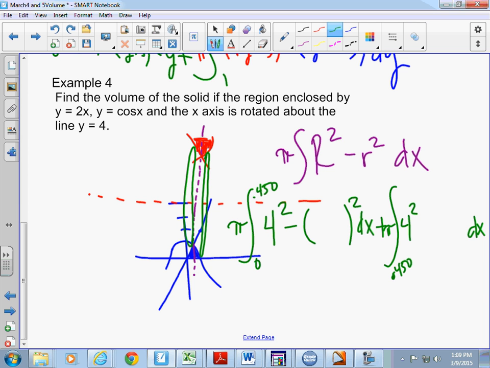The 4 is the radius, like if you look at this outside piece, the radius of that is just this high: 4 minus 0. The inside radius is the top one. On the first part, from 0 to 0.45, it's 4 minus 2x. But then on the second one, it's 4 minus cosine of x.